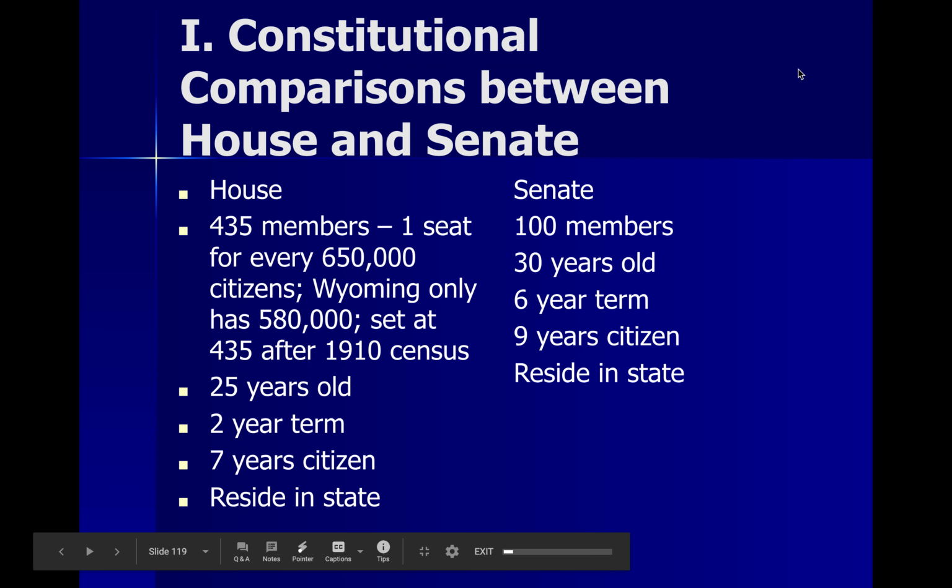The process for lawmaking was almost identical: committee, subcommittee, and then committee again. The only real difference in the process was the Rules Committee on the House side, because you've got more people to control, and the possibility of the filibuster on the Senate side. But pretty similar process there on lawmaking.